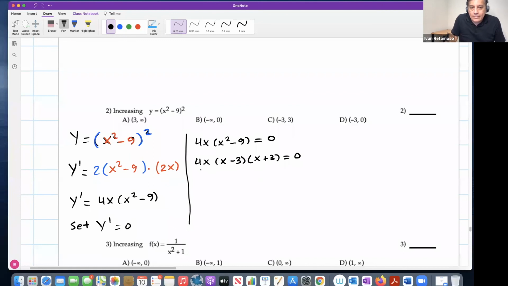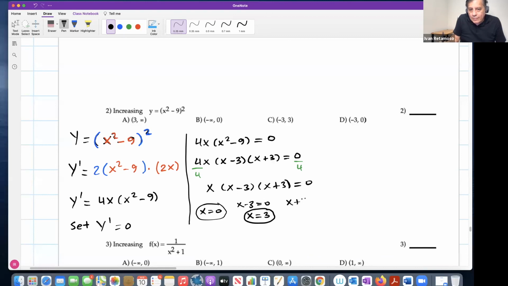Then setting each factor containing the variable equal to 0, we get the following, right? First critical point: x equals 0. Second critical point from x minus 3 equals 0: clearly x equals 3. Third critical point from x plus 3 equals 0: subtracting 3 on both sides, x equals minus 3, right? So these are my 3 critical points.